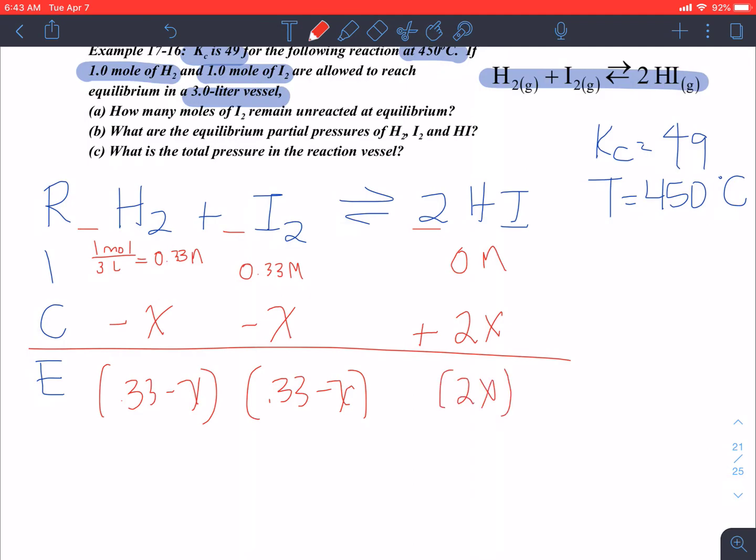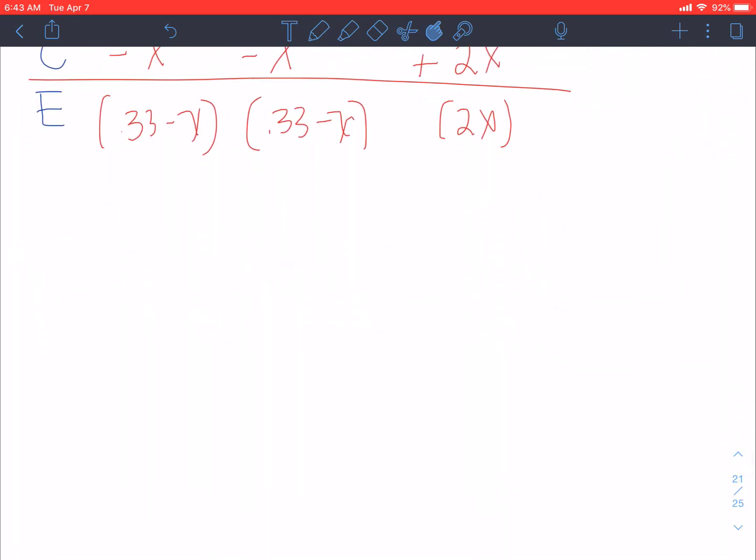Here, just like our previous problems, we're going to now use our Kc value to determine what x is, because we want to know what the concentration is. So 49 equals, now I'm not going to write the expression out, but I would say do that on the AP exam. Go ahead and write the expression so the AP readers know that you're able to do that.